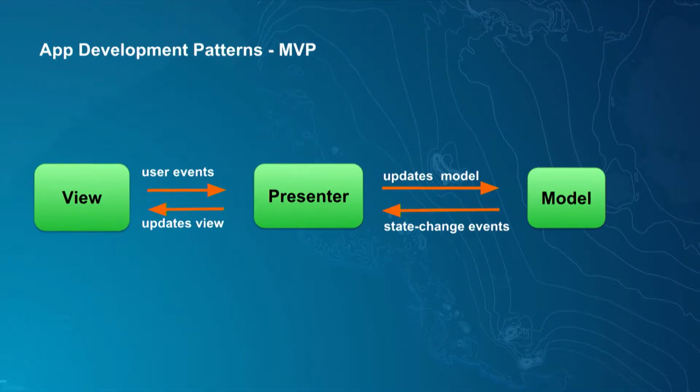And so as you know, I treat the view here as a very passive view. It's just responding to events, broadcasting events, and it's being updated by the presenter. The presenter is where all the application and business logic is. And then the presenter is talking to the model, and the model here represents the database or the data services and the model objects.